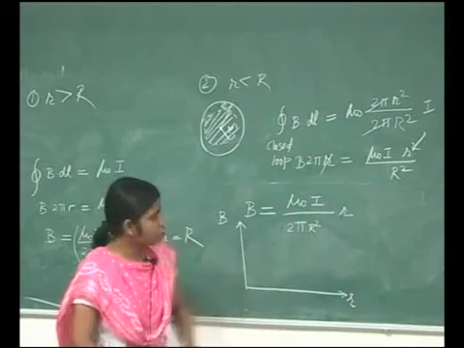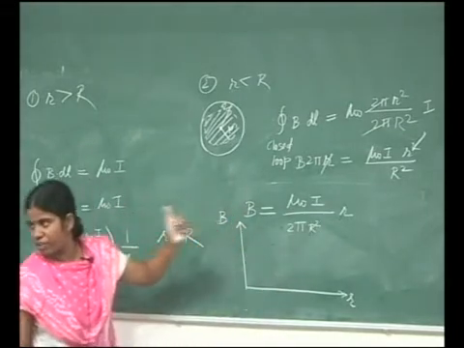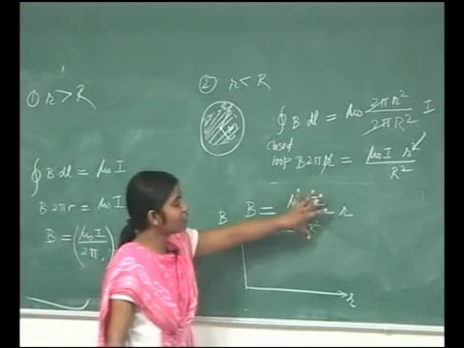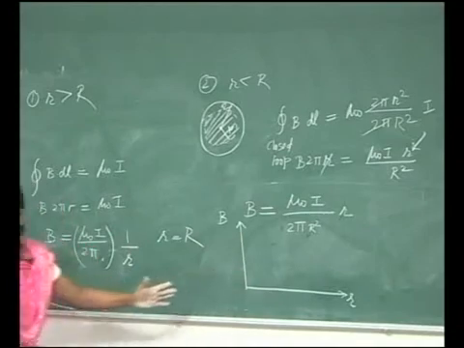It is directly proportional. Capital R is a constant for a given wire, it is the radius of the wire, mu 0 is constant, and a constant amount of current is flowing through the wire. So this whole thing is a constant, so it is a straight line passing through the origin.